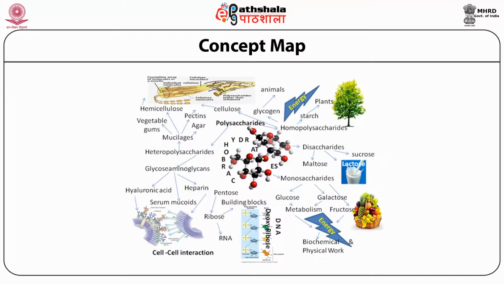Homopolysaccharides are composed of a single kind of monosaccharide, whereas heteropolysaccharides are composed of different kinds of monosaccharides. Examples of homopolysaccharides are cellulose, starch and glycogen. Heteropolysaccharides are present in various forms like glycosaminoglycans, mucilages, vegetable gums, pectins, etc.